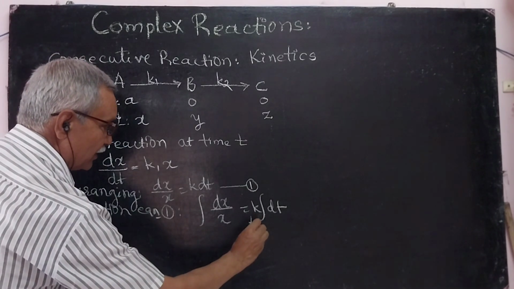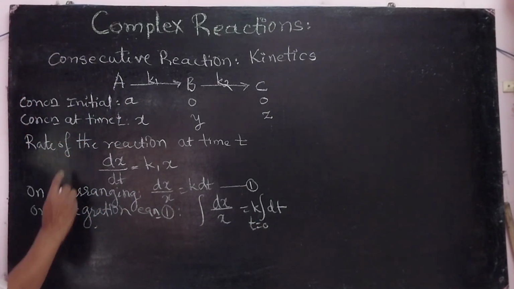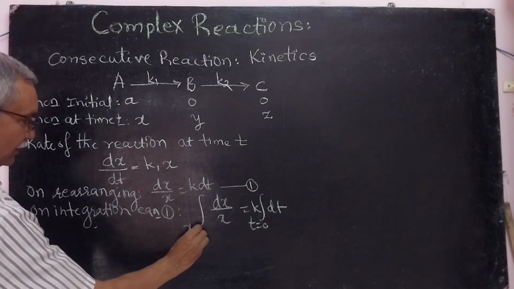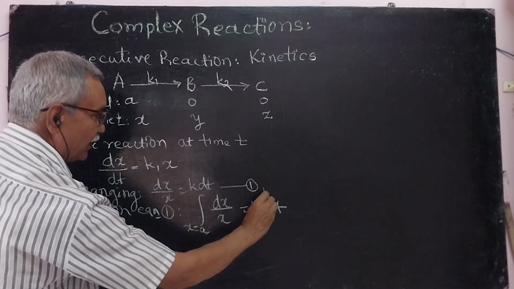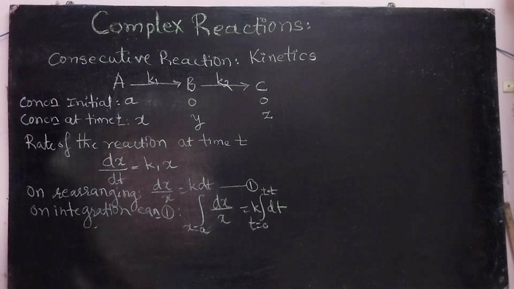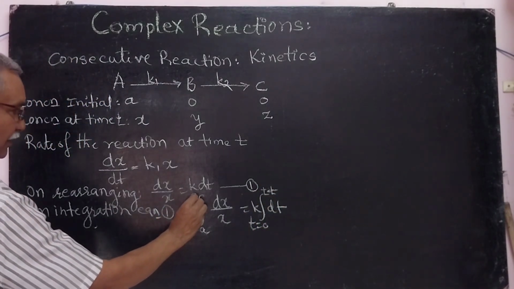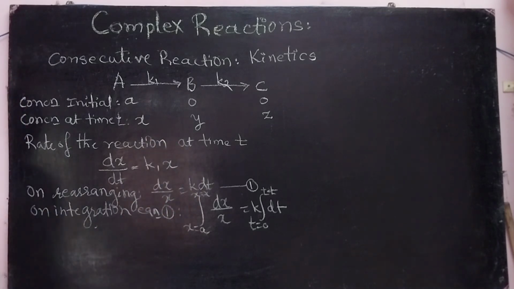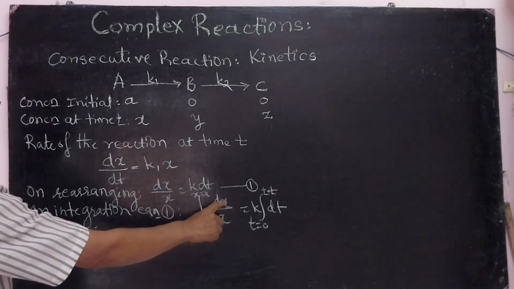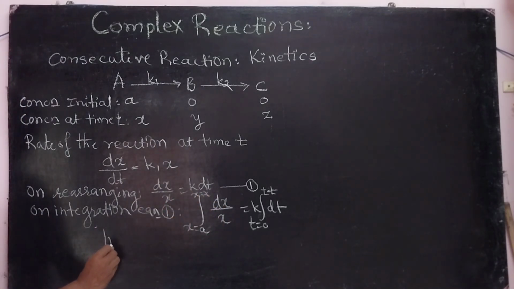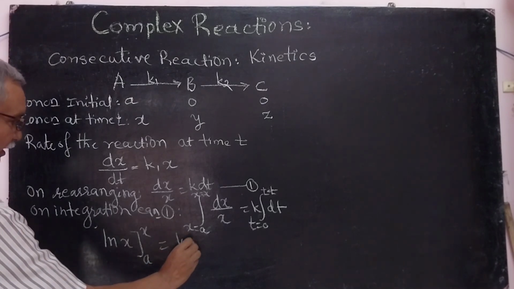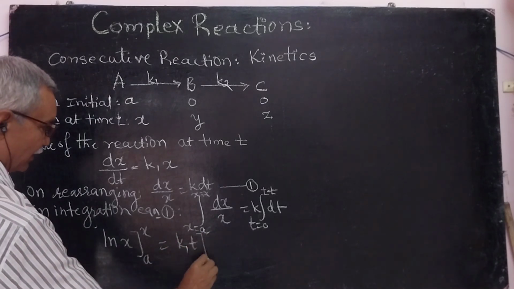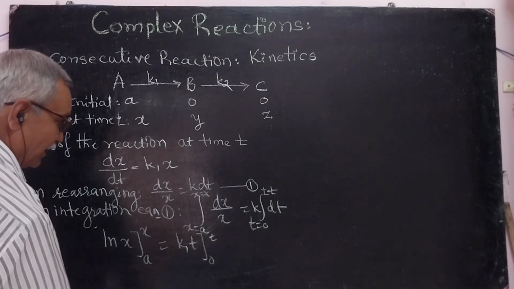When t equal to 0, then x equal to a, and when t equal to t, the concentration is x. Then the integration of 1 divided by x is ln x, between a and x, which is equal to k1 into t, from 0 to t.